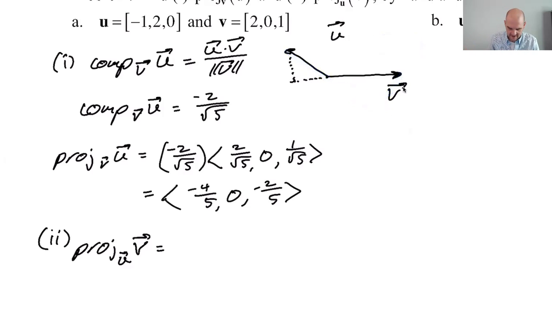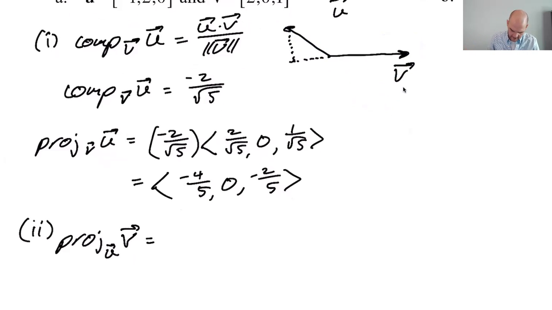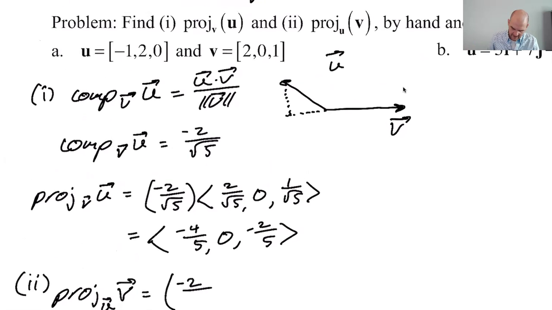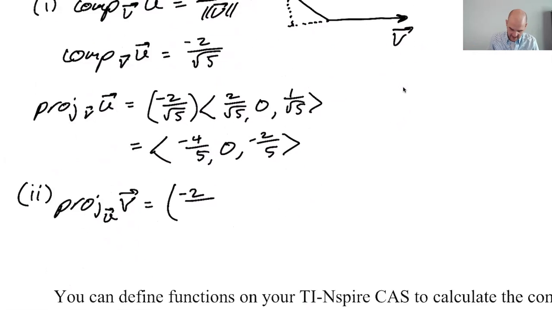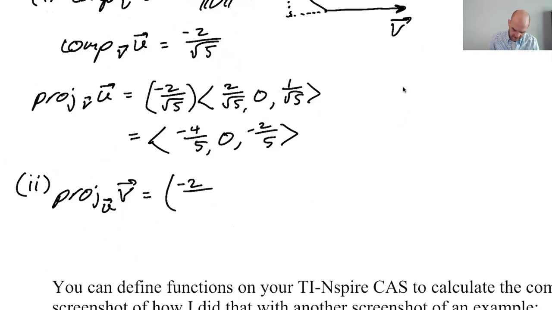So I think it's going to end up negative again. Your dot product is still -2, but now the magnitude you need is of this, which is also the square root of 5. That's kind of annoying because when you're learning, you don't want numbers to show up all over the place. It makes it very hard to figure out what's going on.